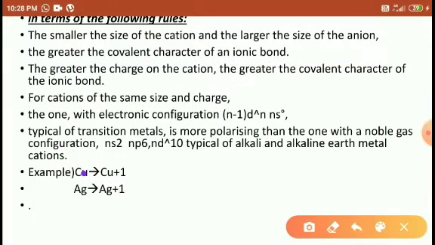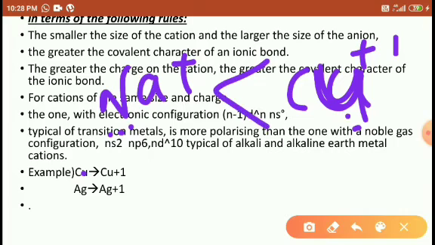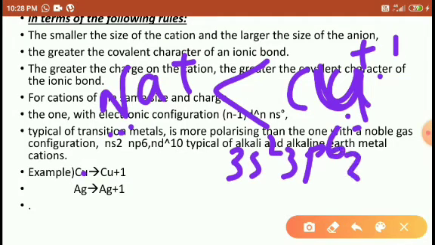So if the charge is the same, and you are using the sodium ion and the copper ion, which one shows high polarizing power? Copper shows high polarizing power because copper's outermost shell attains 3s2 3p6 and 3d10 electrons, right?